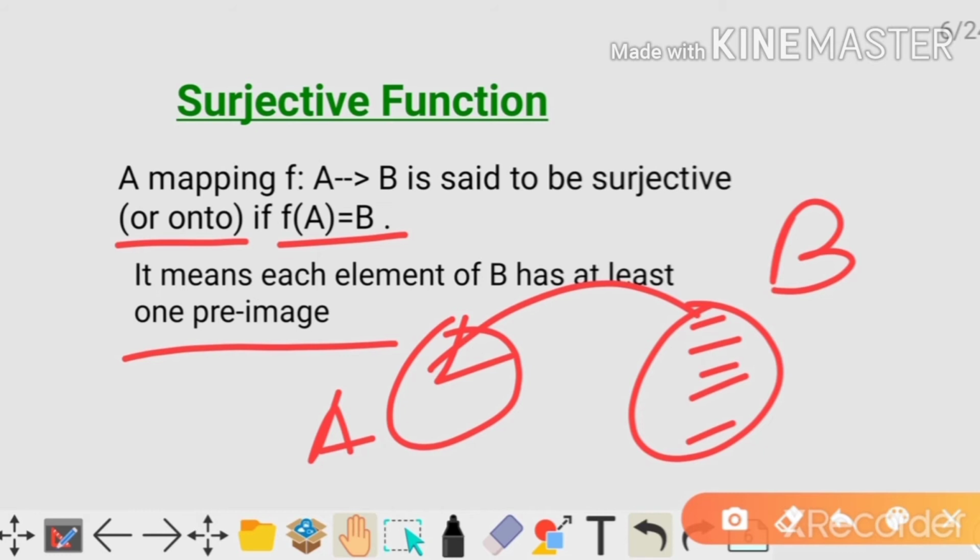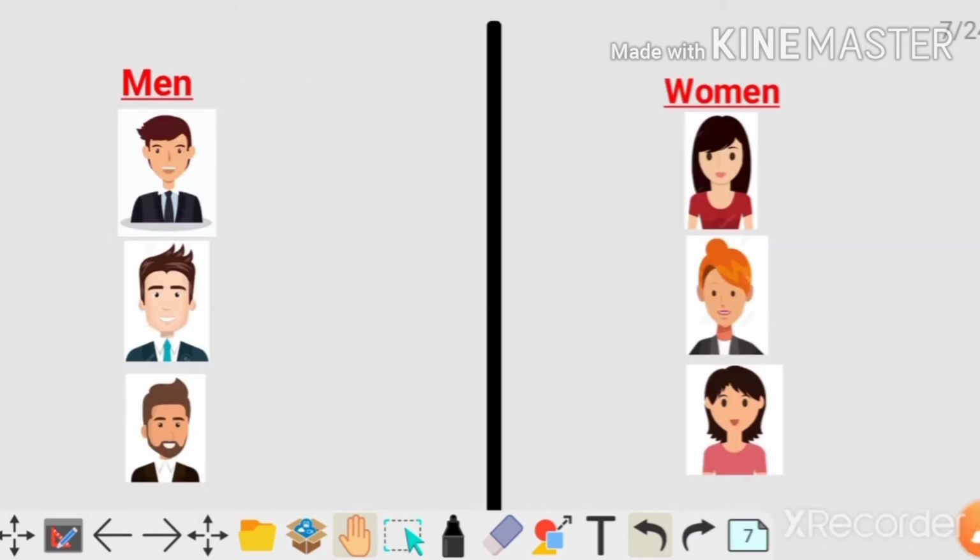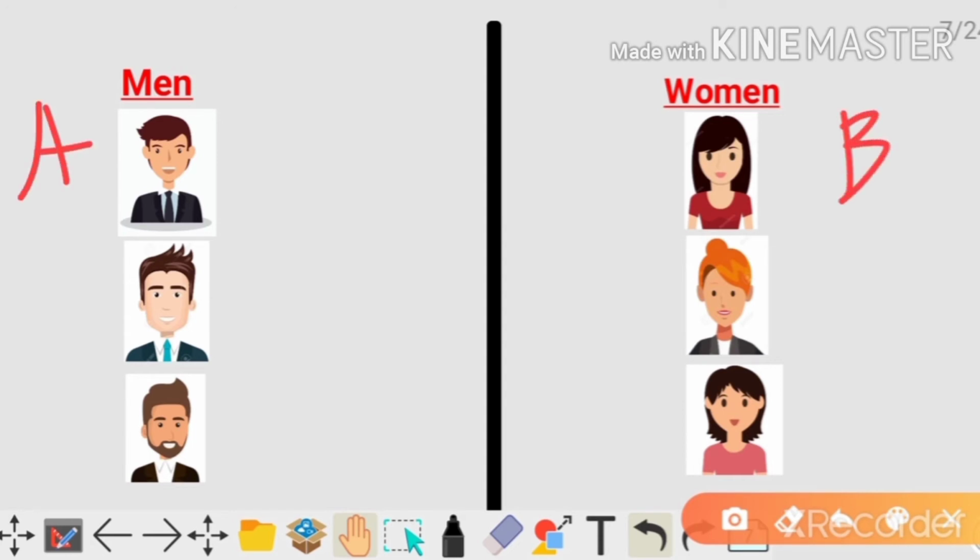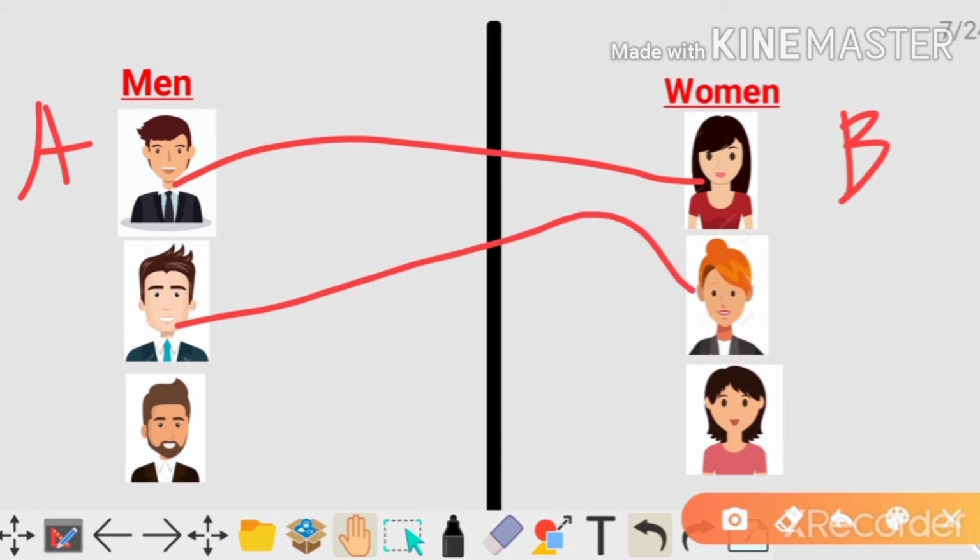Okay, let's go to the example. We have taken a set of men, which is A, and a set of women, which is B, and suppose this time they are related by the brother-sister relation. Let this person be the brother of this lady, and this person be the brother of this lady, and this person is also the brother of this lady.